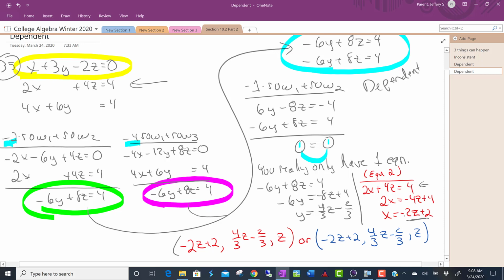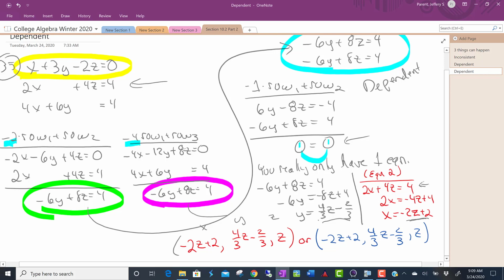So I've got x defined in terms of z and y defined in terms of z. Keeping in mind, like before, this is x, this is y, this is z, I can just let z be anything. We don't have enough equations to determine an exact value for z, so z is just anything. That's going to happen when you have a dependent system.